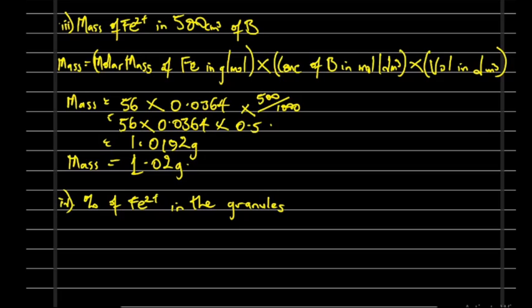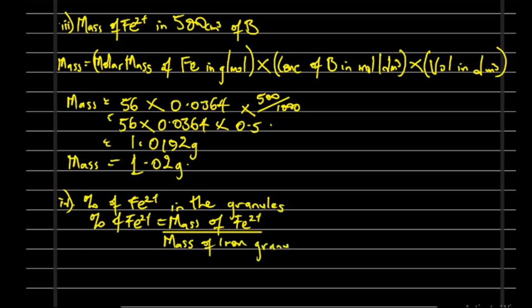So the formula we'll be using is percentage of iron, we have mass of iron 2 plus divided by mass of iron granules, multiplied by 100, since we are talking about percentage.